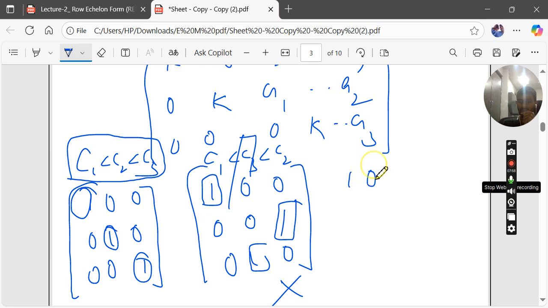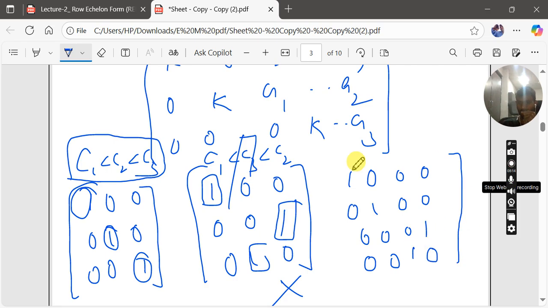Similarly, if you see one more example, let's say 1 0 0 and 0 1 0 and 0 0 1 and 0 0 1 0. What about here? Some of them, how will they say, na? Here the upper triangular property is satisfied, na sir.